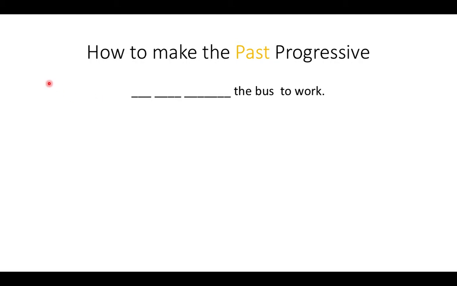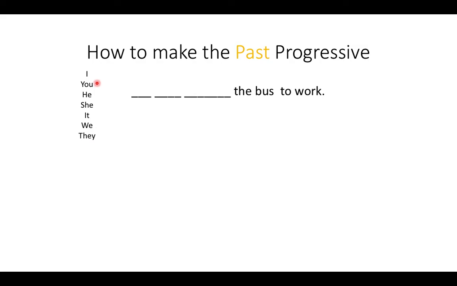So this is how we make past progressive. So the first thing we need to do is we need to say who we are talking about. So we can use I, you, he, she, it, we, they. These are all the kinds of things, the person or the thing that you can talk about in a sentence.